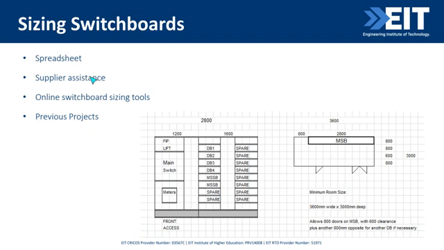That's probably the most accurate way. Sometimes there are online sizing tools from Schneider and similar companies that you could ask to size your switchboard. And you could go off some previous projects or some existing installations to get a feel for how big it would actually be.